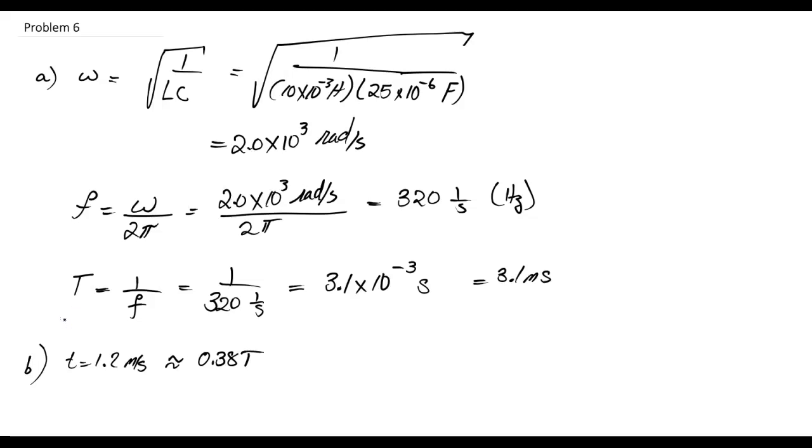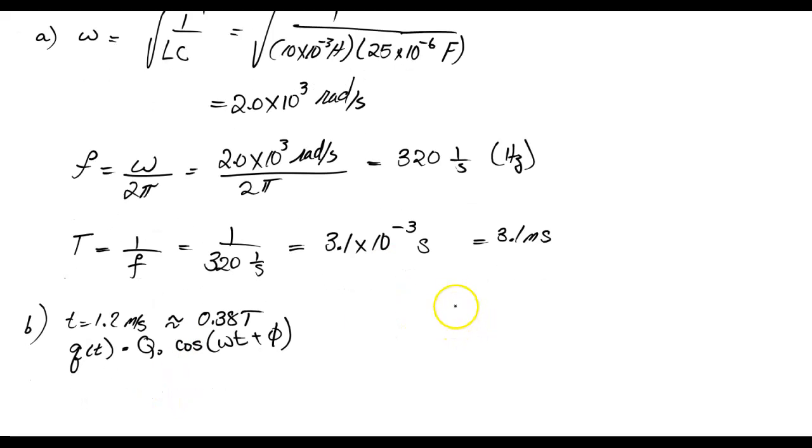We want to find Q, right? And we know that the charge as a function of time is given by the original charge times cosine of omega t plus some phase angle phi. And so we know that the charge is maximum at t equals 0.